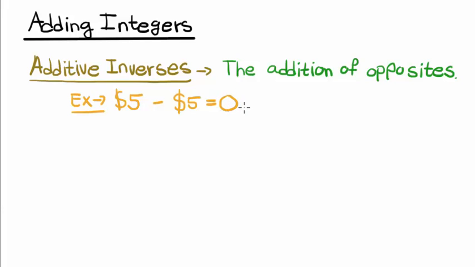Another way of thinking about it is if a football team is on the field and they're on the offense, and a quarterback throws a beautiful pass that gains them about 15 yards, they're up by 15 yards in that play. But in the next play, the quarterback gets sacked.